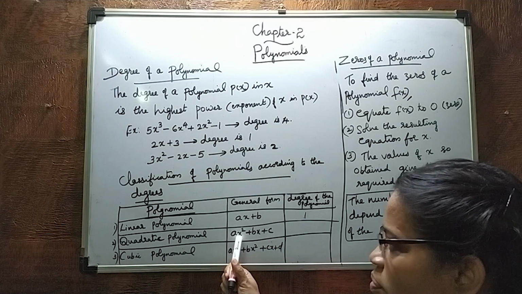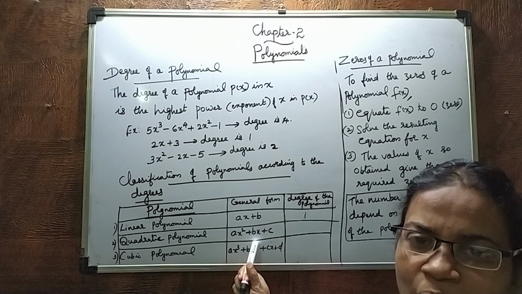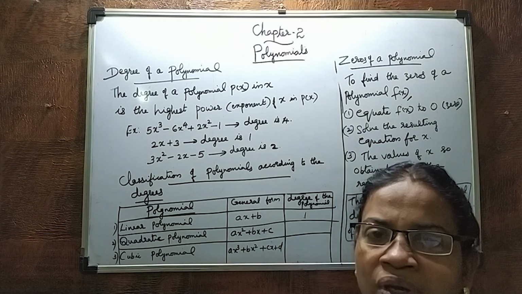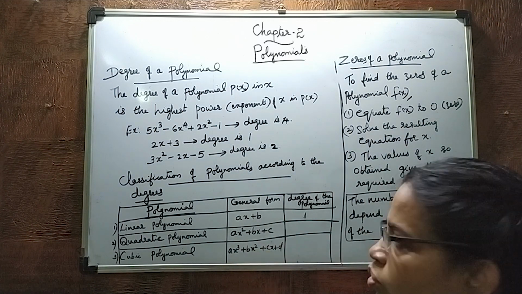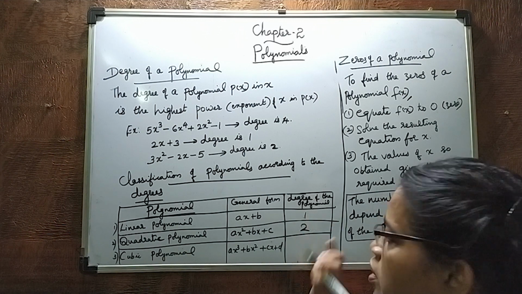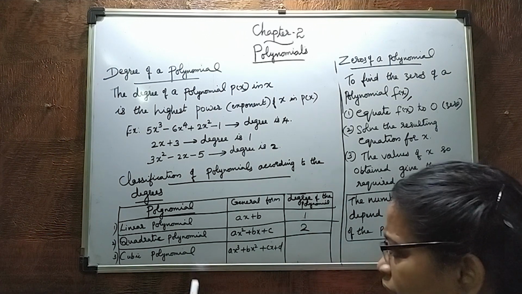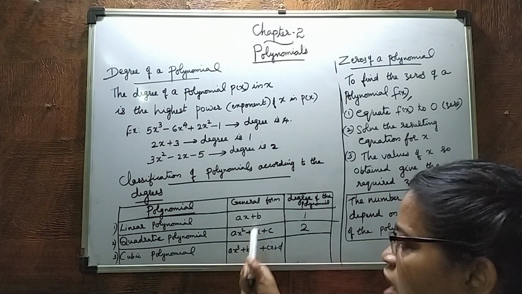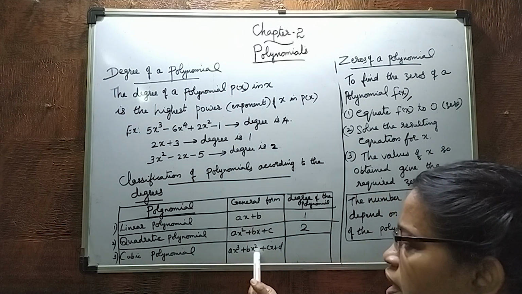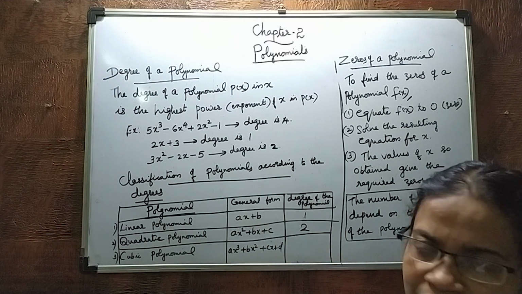Next one, quadratic polynomial. The general form is ax square plus bx plus c. And here just look, the highest degree is 2. So the degree of the polynomial is 2. Next one, cubic polynomial. For the cubic polynomial, the general form is ax cube plus bx square plus cx plus d.